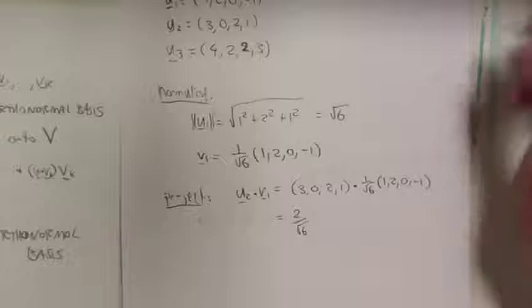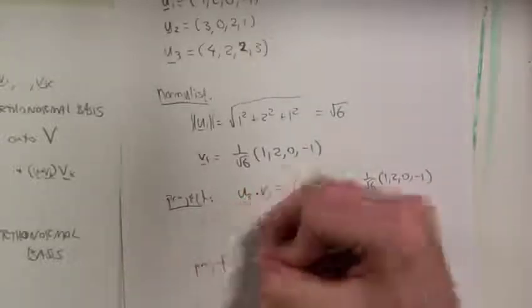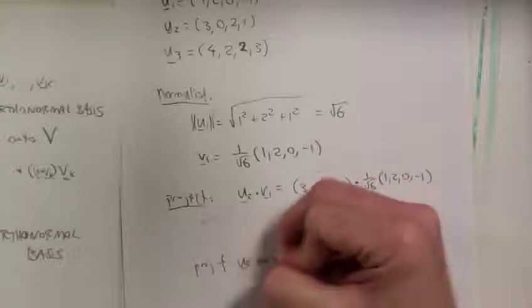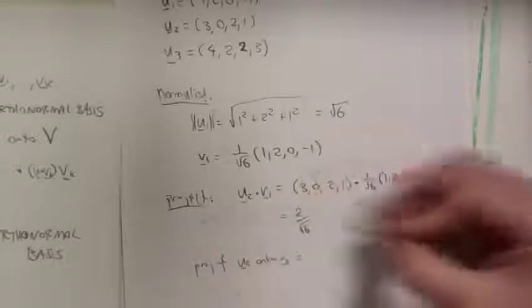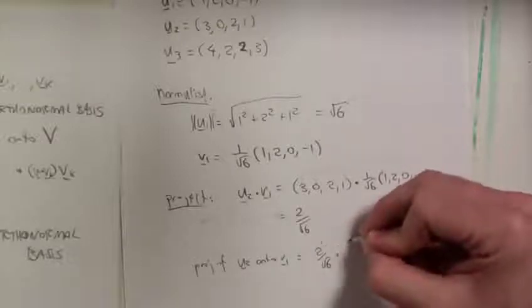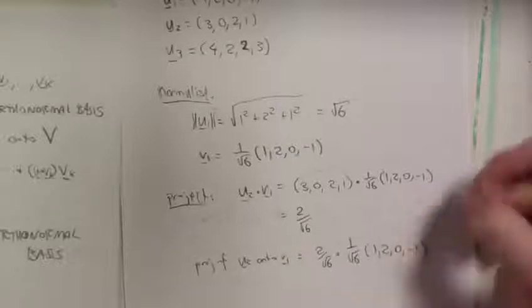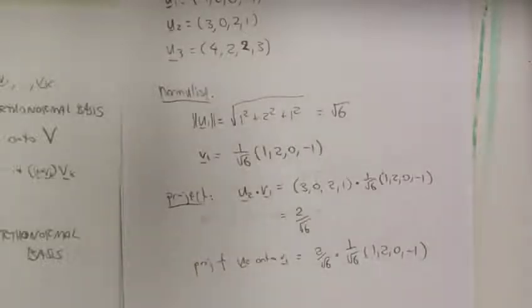So that's what we have. So the projection of U2 onto V1 is 2 on root 6 times V1. Sweet.